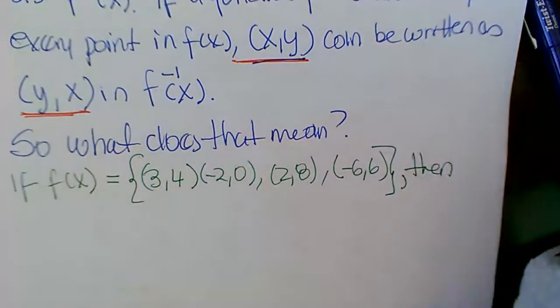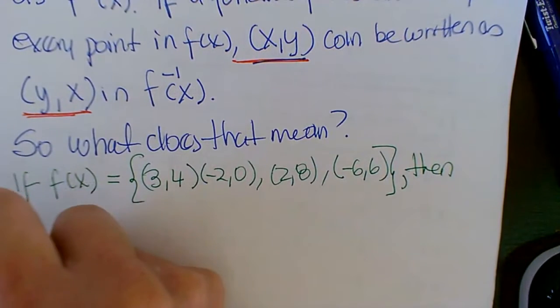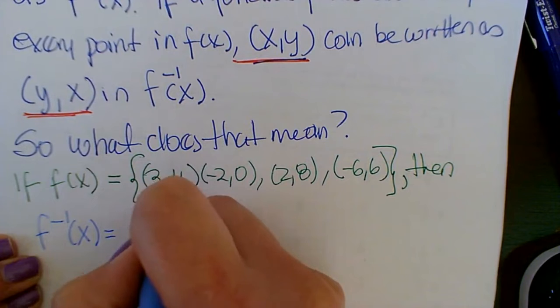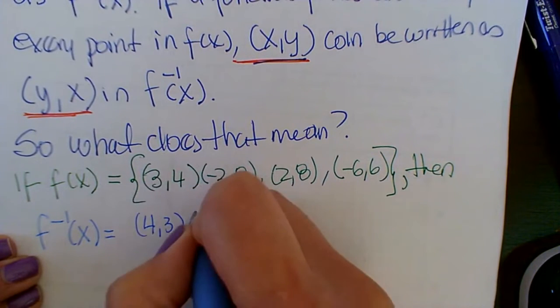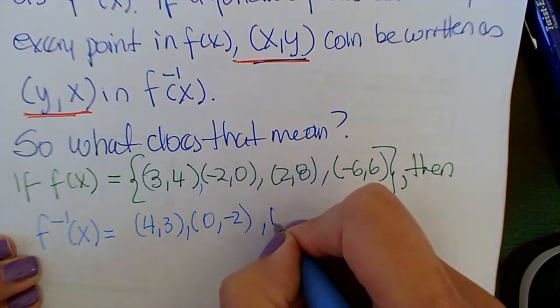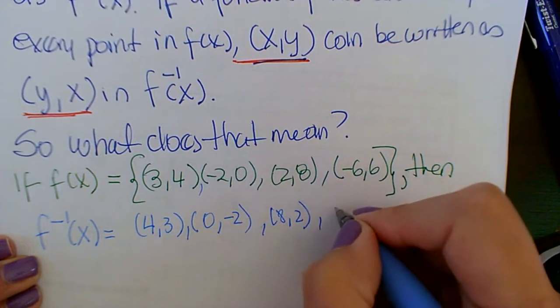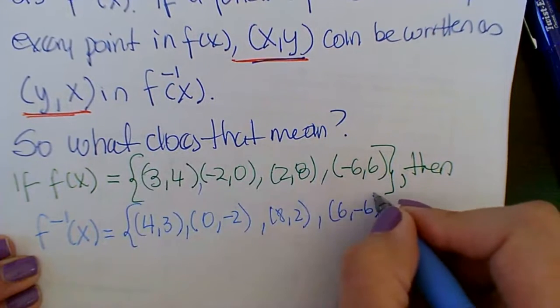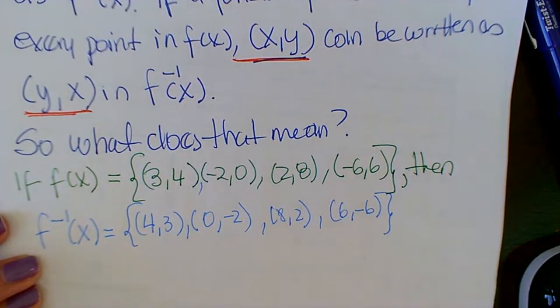The inverse, f inverse, is going to be what? (4, 3), (0, negative 2), (8, 2), and (6, negative 6). That's what it is.